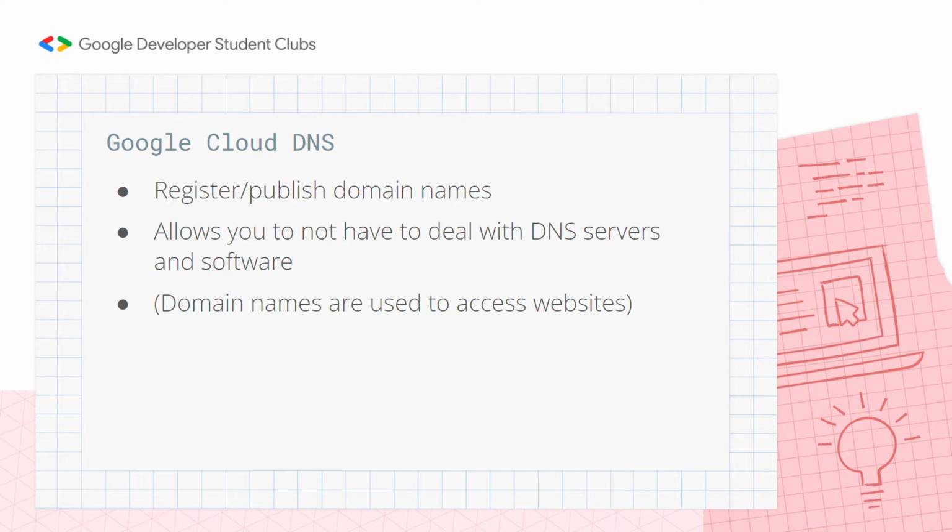All right. And then we have Google Cloud DNS. Domain names are just website names. If you have ever made a website from scratch and published it on GitHub, for example, the website name is super ugly.